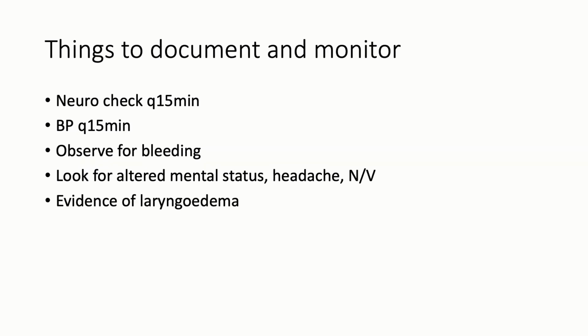Lastly, our document outlines things that need to be documented and monitored after or during administration of TPA. Essentially, what you're doing is watching very closely for evidence of acute hemorrhage, or our biggest fear is development of an acute spontaneous intracerebral hemorrhage, which is why we recommend that you perform and document neurological checks every 15 minutes, BP every 15 minutes.